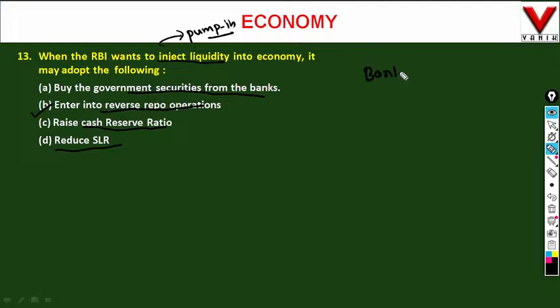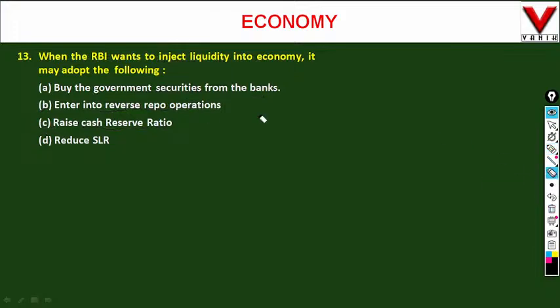Banks have, suppose, 1000 rupees, and if the government is buying 1000 rupees from them, then what will the government have? The government will have money buying government securities. It will inject money into the market, and the banks will give him. Let's understand like this.